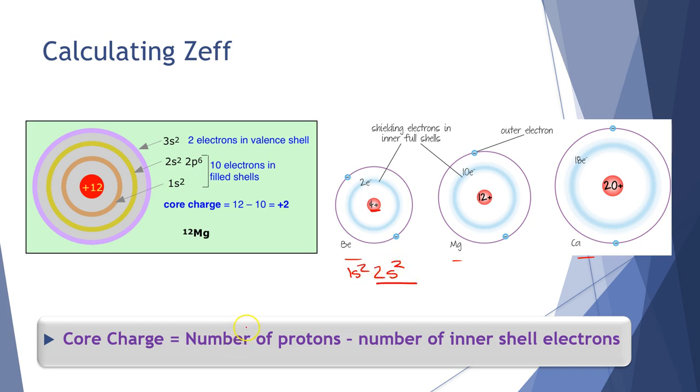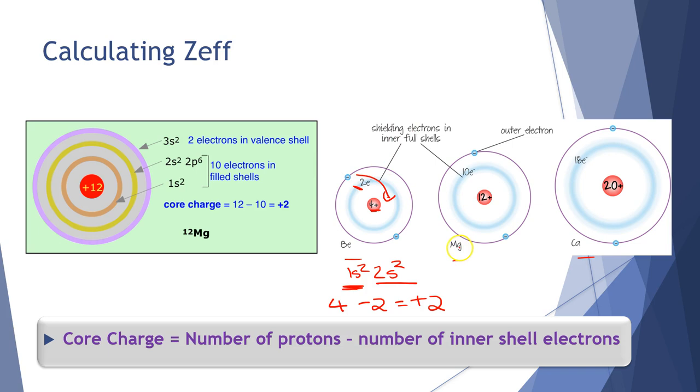Our valence electrons are going to be in the second shell, so between these valence electrons and the nucleus we have this first shell. So there are two shielding electrons between the nucleus and the valence shell electrons. So we're going to have 4 minus 2, which means that every valence electron is being pulled towards the nucleus with a +2 charge effect.